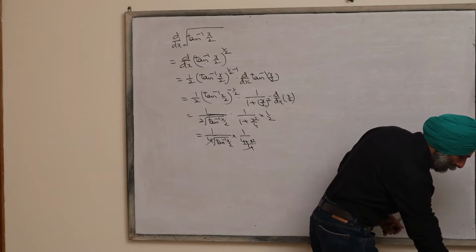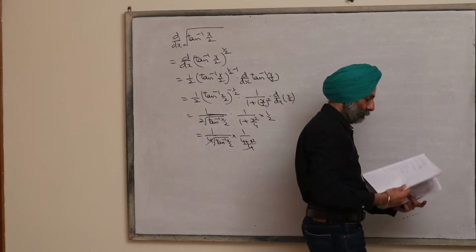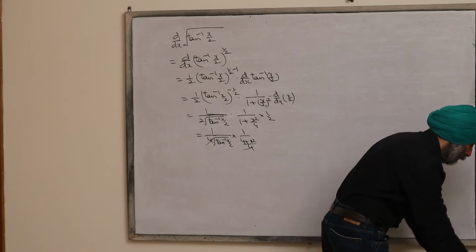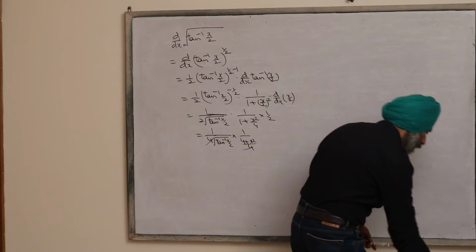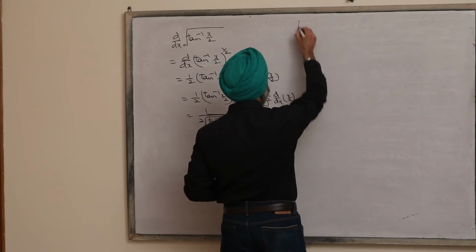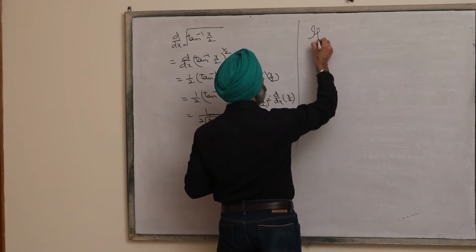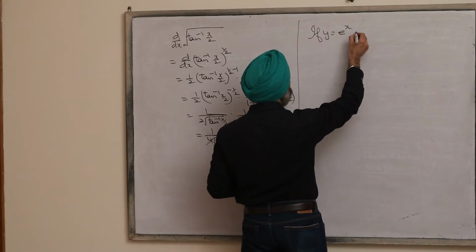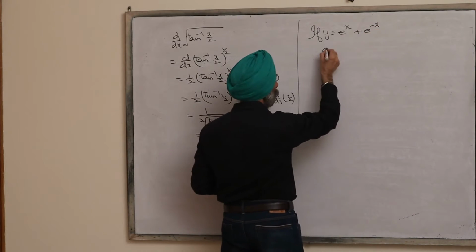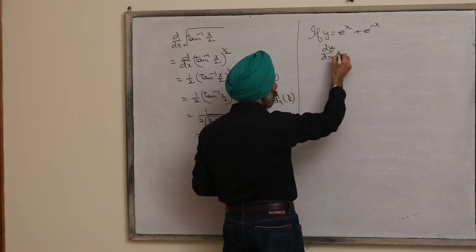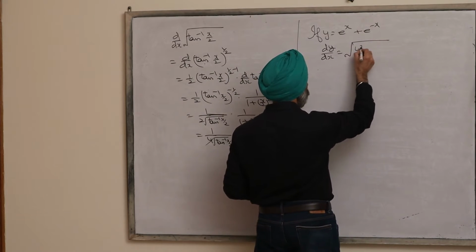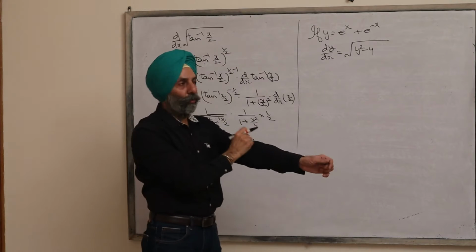Now similarly, the next question is that if y is equal to e raised to x plus e raised to minus x, then what we have to prove here is that dy over dx is equal to under root of y square minus 4.